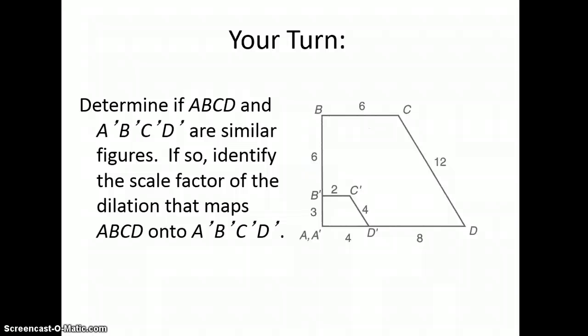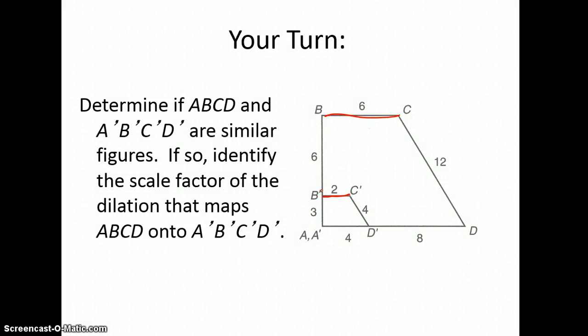Now it's your turn. Determine if A, B, C, D and A prime, B prime, C prime, D prime are similar figures. Now you're going to have to think back to our previous lesson to answer that question. If they are similar figures, identify the scale factor of the dilation that maps A, B, C, D into A prime, B prime, C prime, D prime. So basically, how do you get from this side to this side?